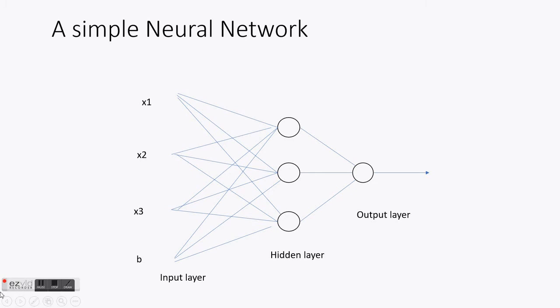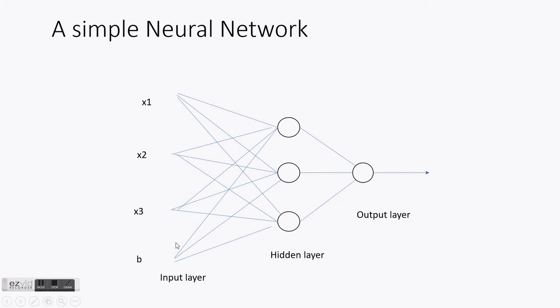Now let us look at a neural network. Here we have what is known as the input layer, where we feed in our input features. As I showed you in the table, we have a set of input features or independent variables versus our output value, or output target value, or response.